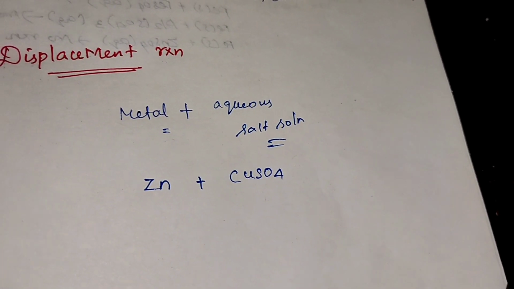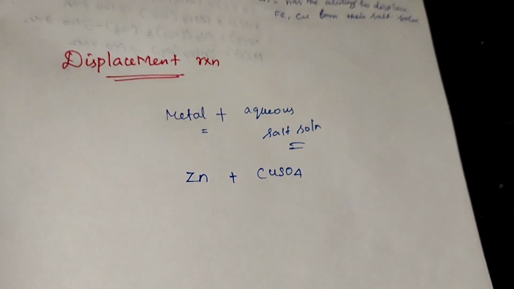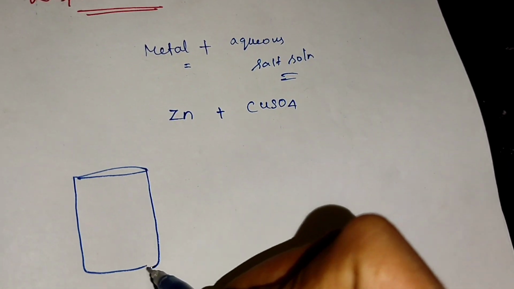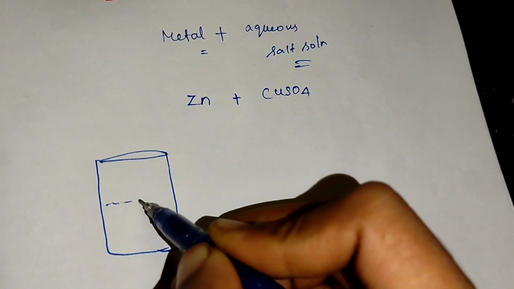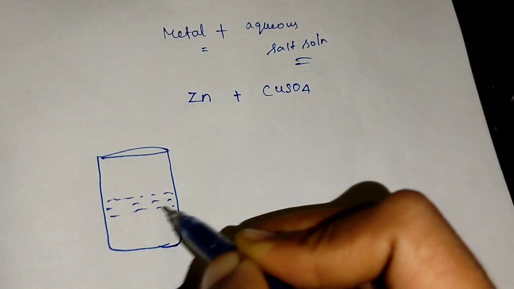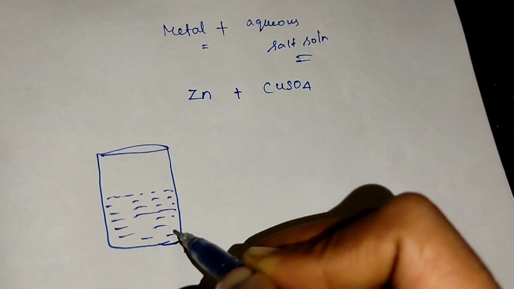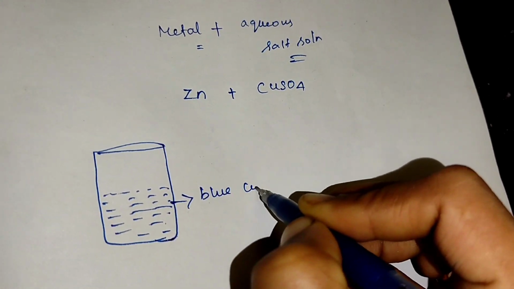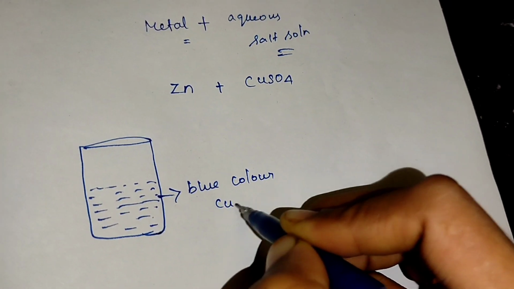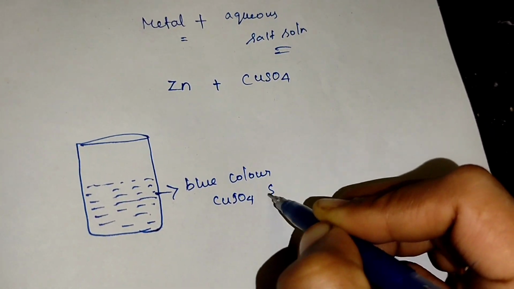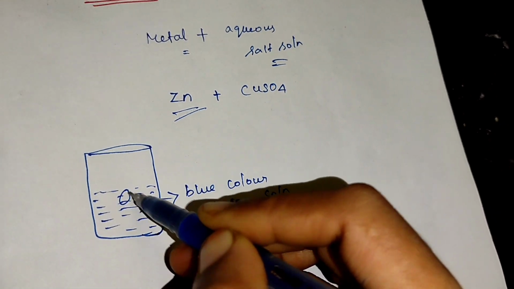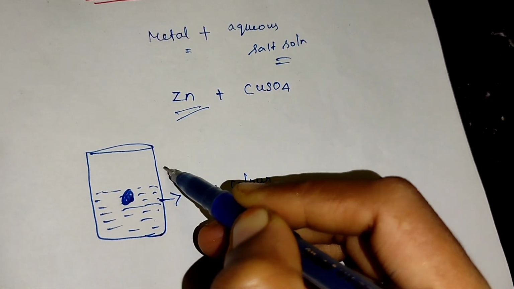In a 100 ml beaker, I pour some copper sulfate solution. What is the color of copper sulfate solution? Blue. Inside the beaker I put this zinc metal.